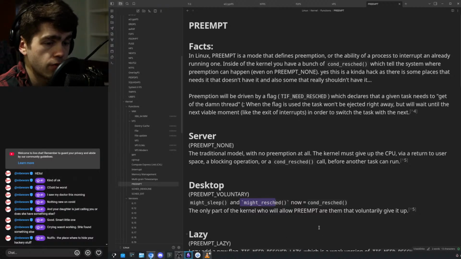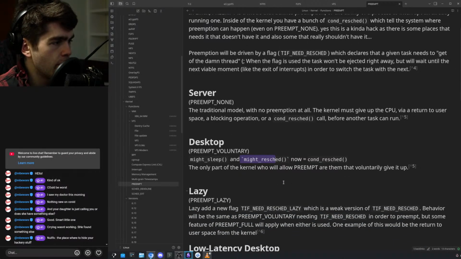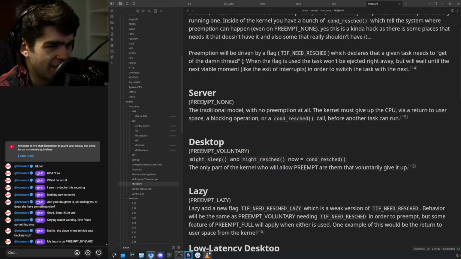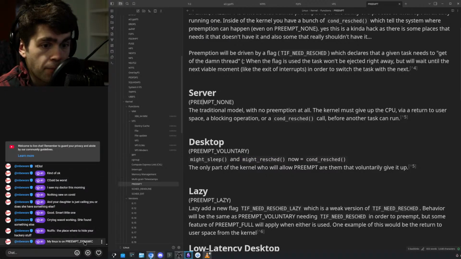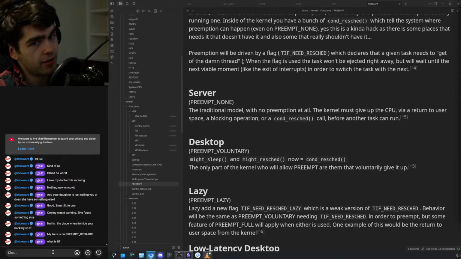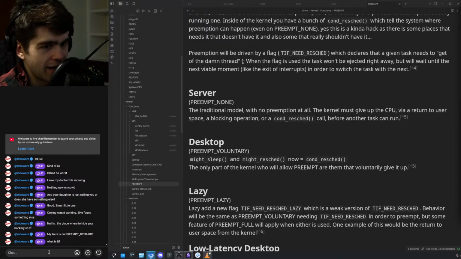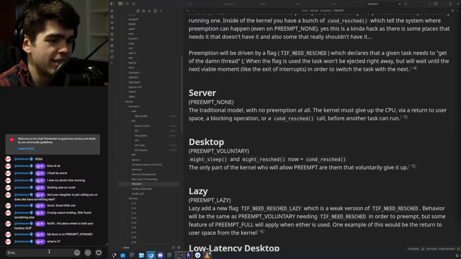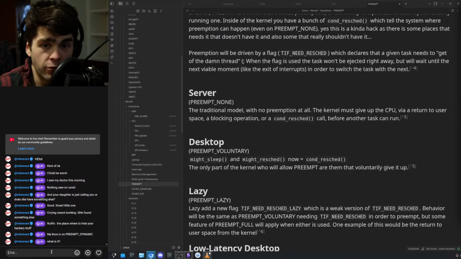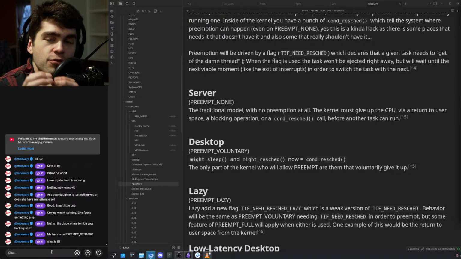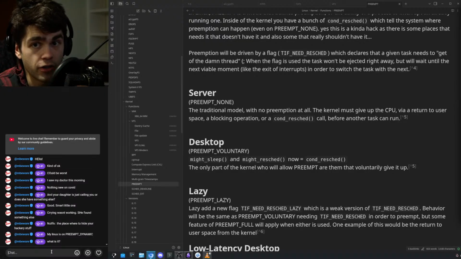There are some issues. Issue number one: preempt dynamic. I should talk about this, you're right. Preempt dynamic is actually a compound mode that allows you to select your preempt at start.